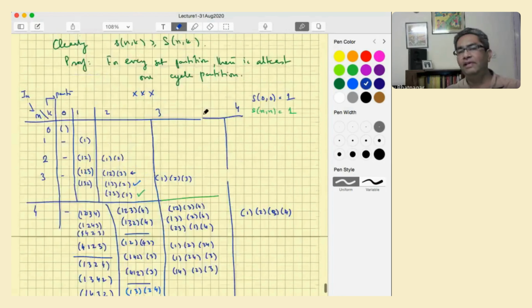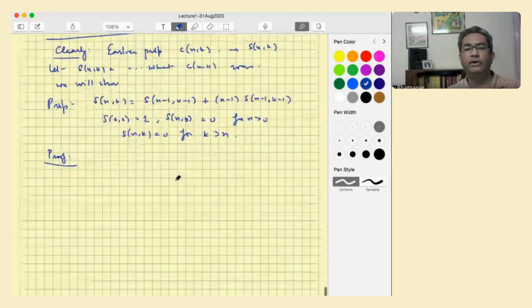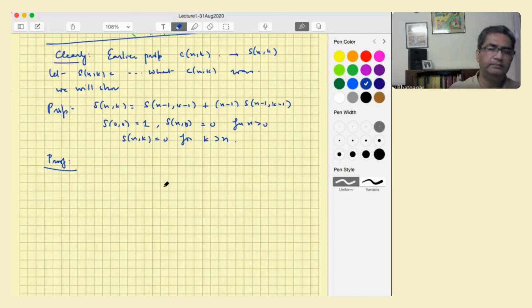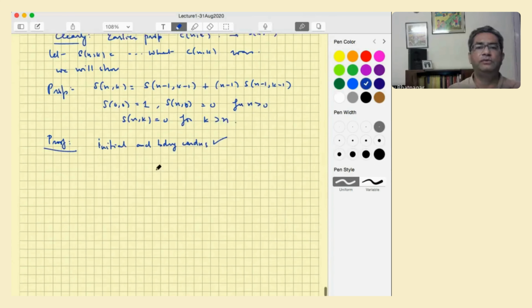More or less the idea is clear to everybody already, so I'll just write down the proof. You probably can write it down yourself, but we'll just say that the initial and boundary conditions are okay.